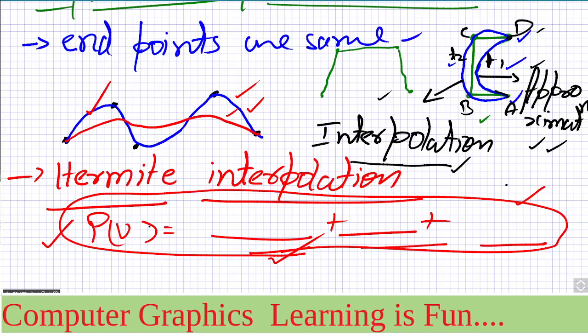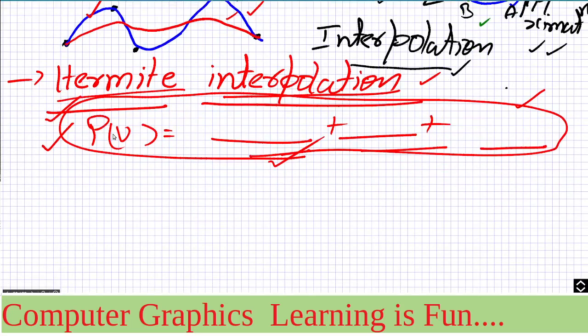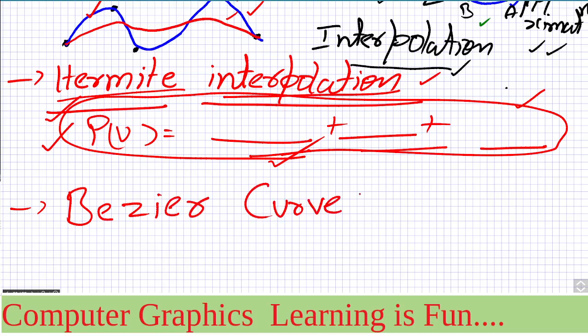If you want, I can write it also, but it will take much time. That much is not required actually. Similarly, as it is for interpolation, you can have a Bezier curve also. In place of Hermite interpolation, you can have Bezier curves.